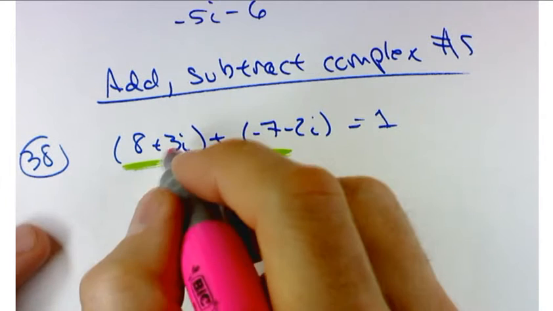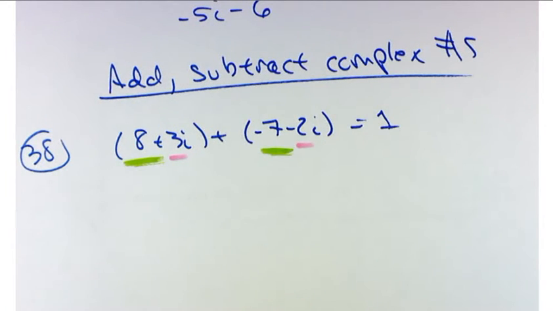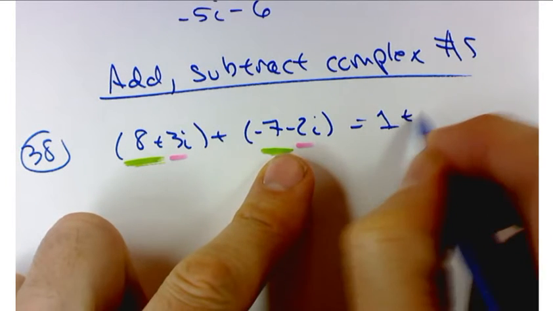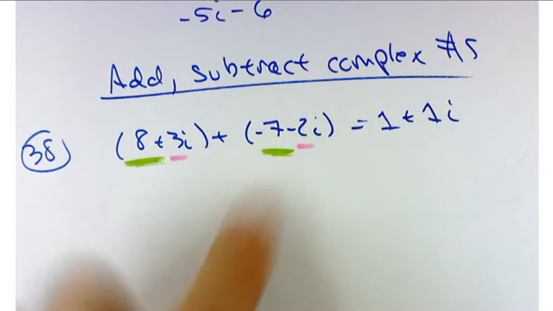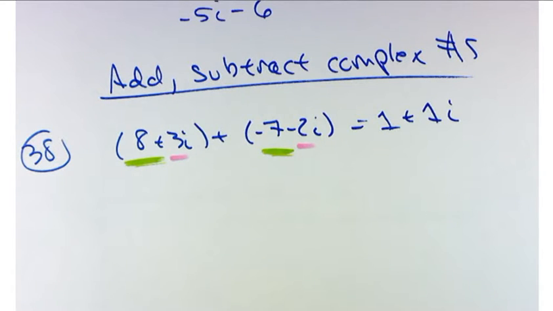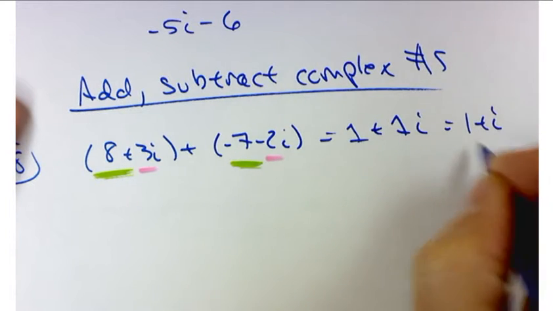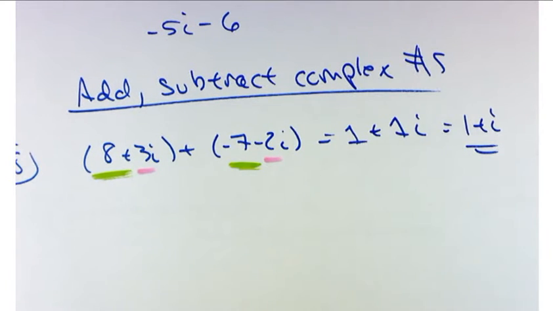As far as the imaginary parts are concerned, you're just going to add up the coefficients. So 3 plus -2 is also 1. So you can write one of two things. You can write 1 plus 1i, or you could write 1 plus i. I'd probably write that if I was writing it for myself on a test. If you wrote 1 plus 1i, that's fine too.